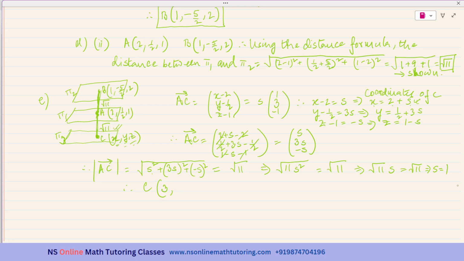So it is 7 over 2. And z is 1 minus 1, which is 0. Okay. So now I have got the coordinates of a point lying on plane pi3, and I know the normal vector. Let n3 be equal to 1, 3 and negative 1.